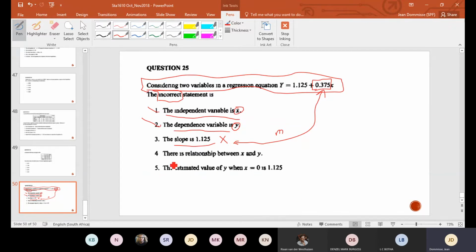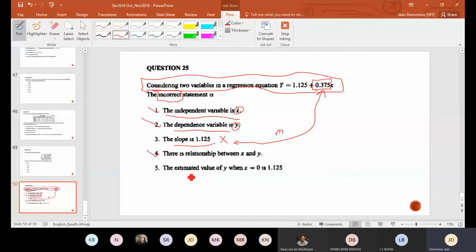Let's just look at the other options. There is a relationship between x and y. That is, there is. If it is part of a formula, it is a relationship. They don't tell us if it's strong or not strong, or negative or positive. They just ask us if there is a relationship.